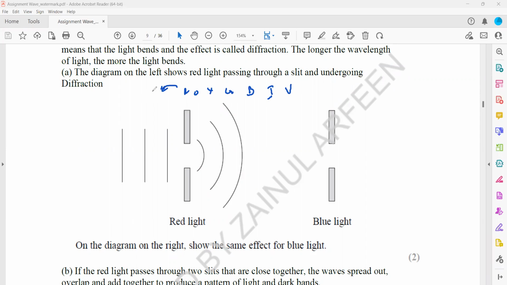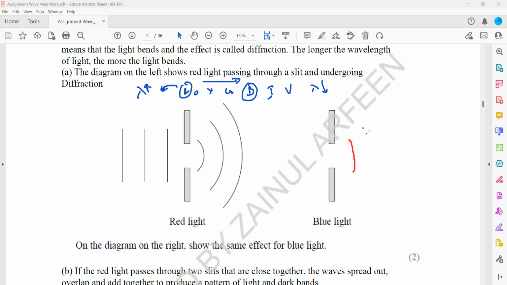Red has the longer wavelength in the visible region. As we move from red to blue, the wavelength decreases. As mentioned in the question, longer wavelengths diffract more than shorter wavelengths. So because blue has a shorter wavelength, it will have small diffraction.